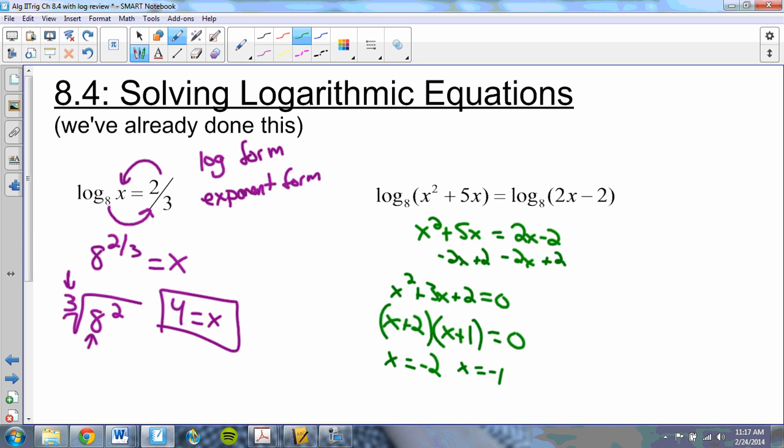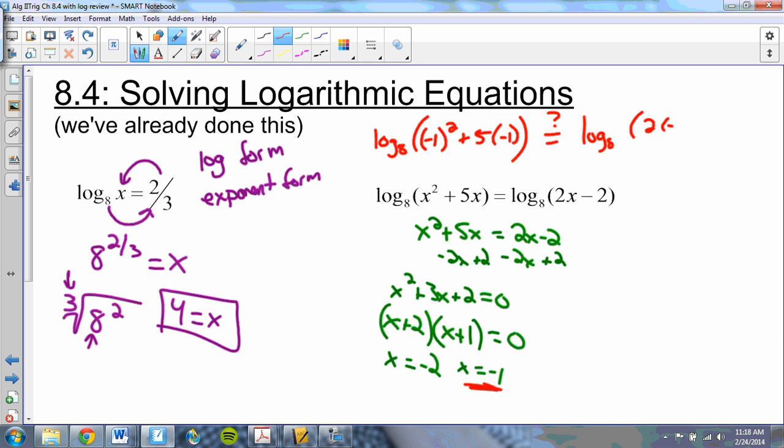Let's plug in -1 and see if it works. I'm going to check this one first. If I do log base 8 of -1 squared plus 5 times -1, I want to see, does that equal, that's what that question mark means, I'm asking the question, is this equal to log base 8 of 2 times -1 minus 2?